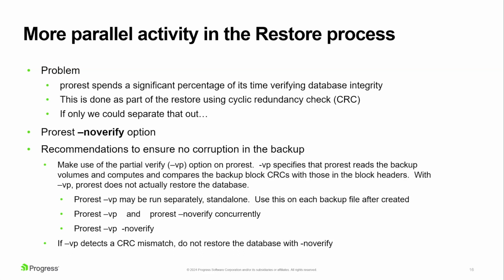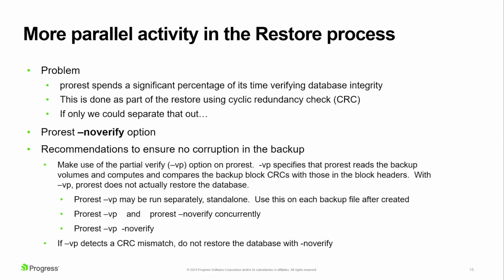It's just doing that integrity check. So the proposed solution to being able to do your restores faster is that when you produce that backup file, you do a second step of doing the restore -VP to do the scan to confirm the integrity of the database blocks written in that file.